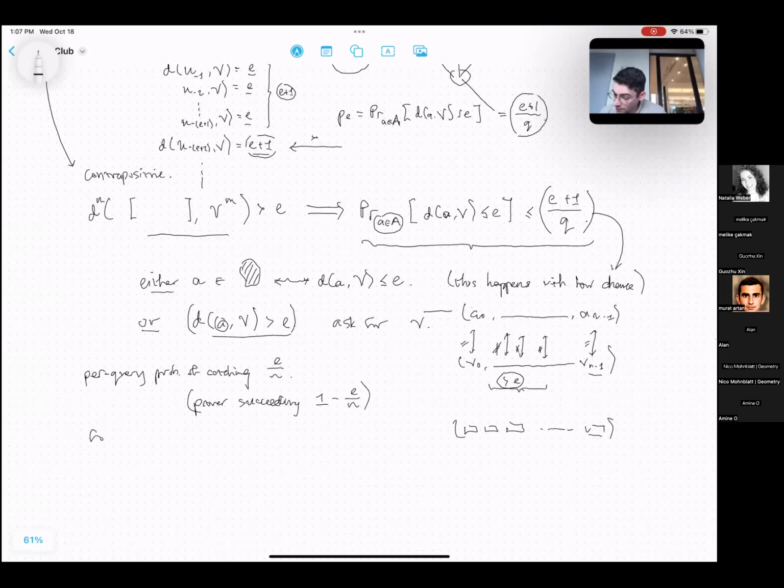So now if we have kappa queries, the probability of succeeding is now going to be less than 1 minus E over N to the kappa, right? Which decays exponentially as kappa grows. Does this look right, everyone?